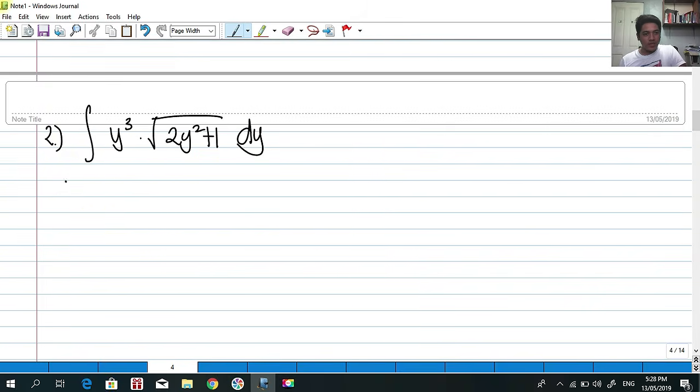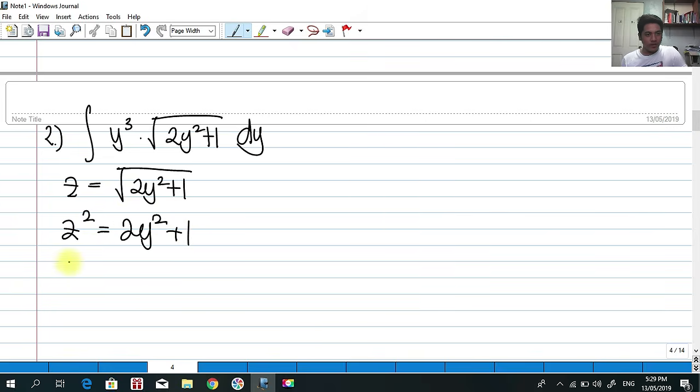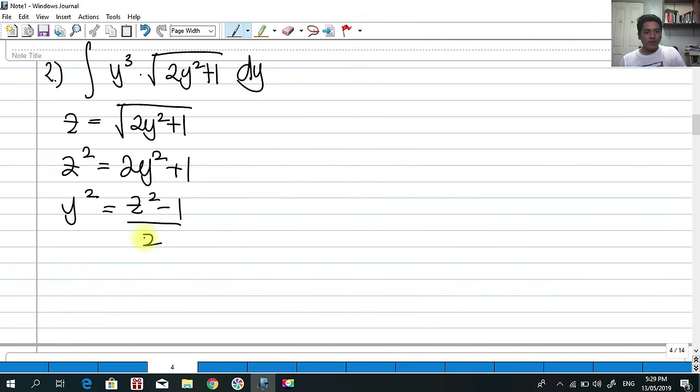So we have to let z equal the square root of 2y squared plus 1. So we have to square both sides again. So we have z squared equals 2y squared plus 1. Getting y in terms of z, we have y squared equals z squared minus 1 over 2. And get the derivative of the left with respect to y and of the right with respect to z.